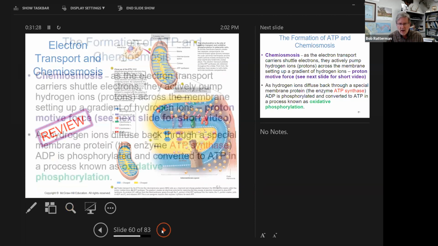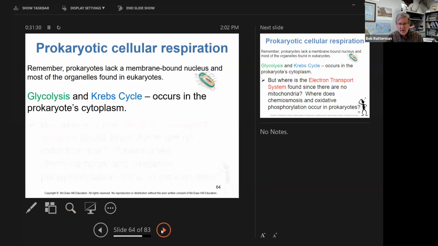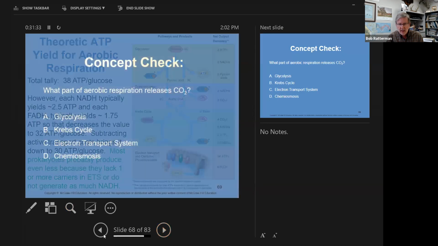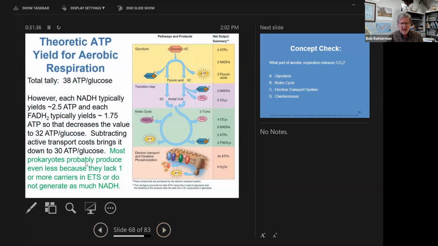And I do that on this slide. This slide says that in aerobic respiration, for each glucose that we start with, that goes through glycolysis, Krebs cycle, and electron transport, the cell will generate, we'll just say a cell for now, somewhere in the neighborhood of about 30 ATPs per glucose.